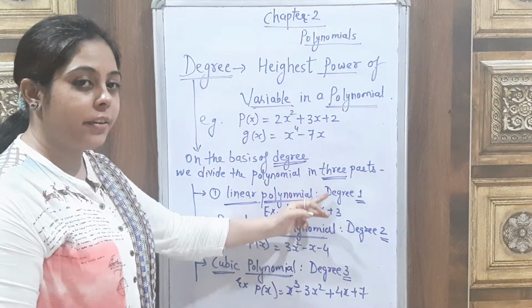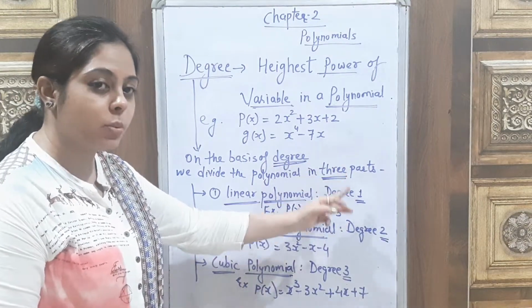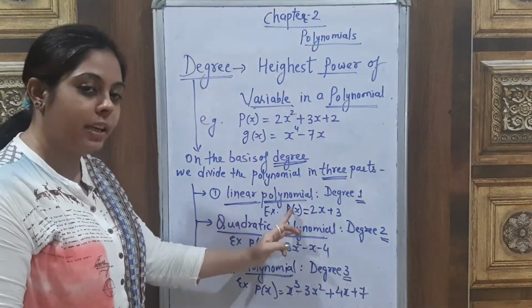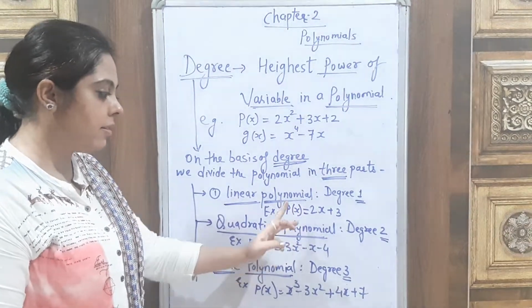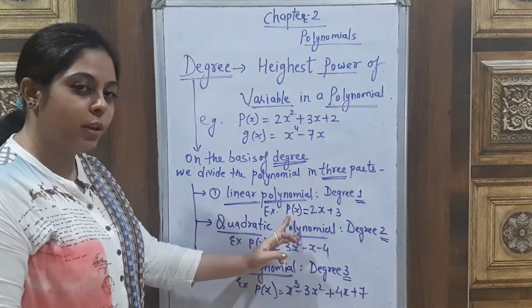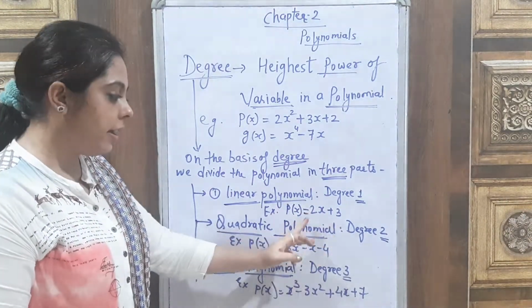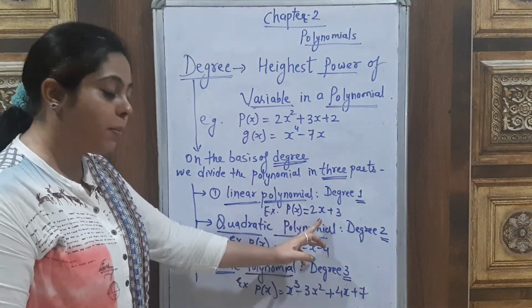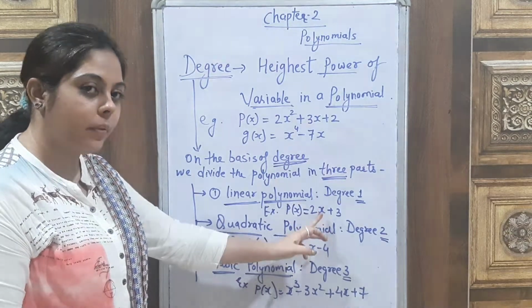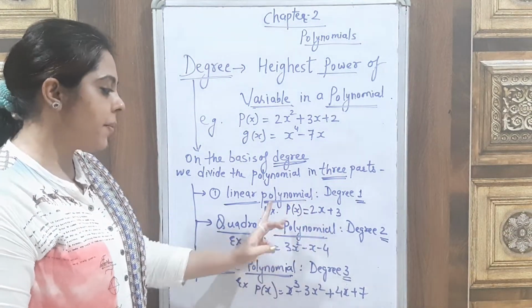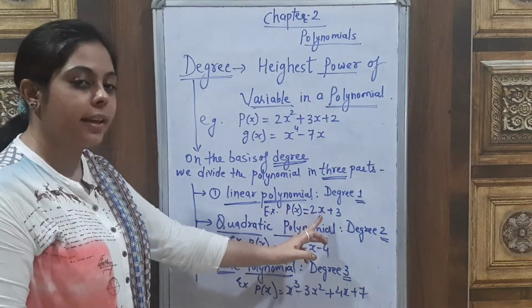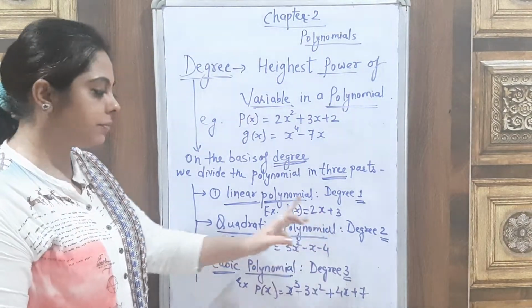It means if the degree of polynomial is 1, so it is a linear polynomial. For example, we have a polynomial p(x) = 2x + 3. Here, the degree of the polynomial is 1. That is why this polynomial p(x) is linear polynomial.